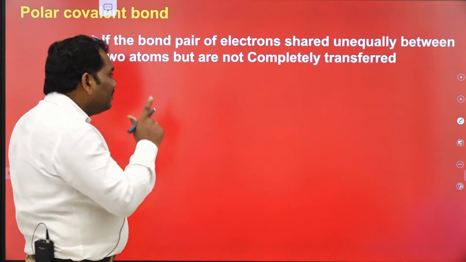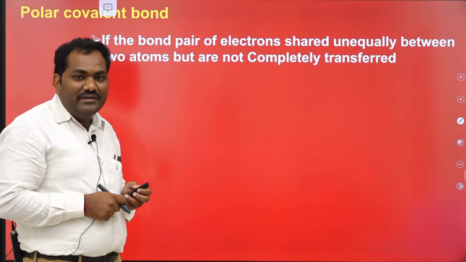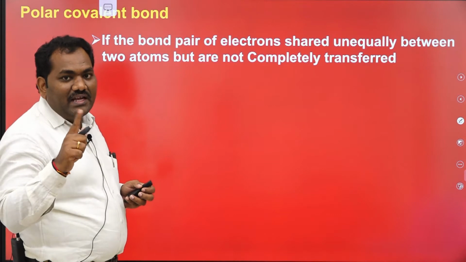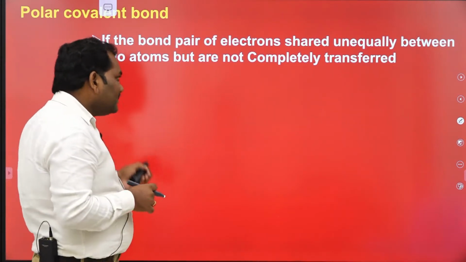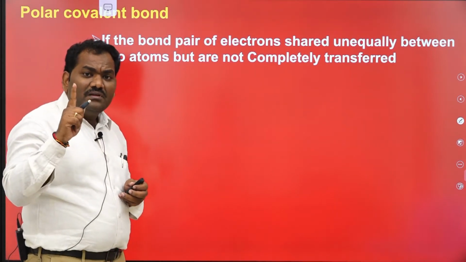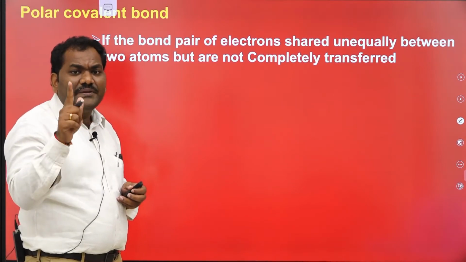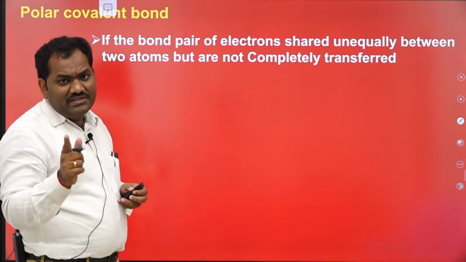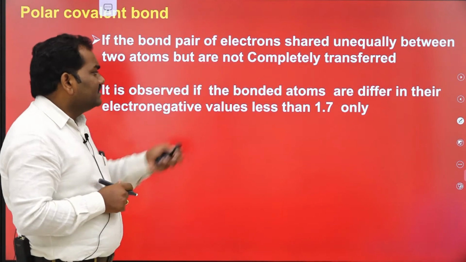Generally, this type of bond is observed when the electronegativity difference between the 2 atoms in a molecule is less than 1.7, that is, 0 to 1.7.